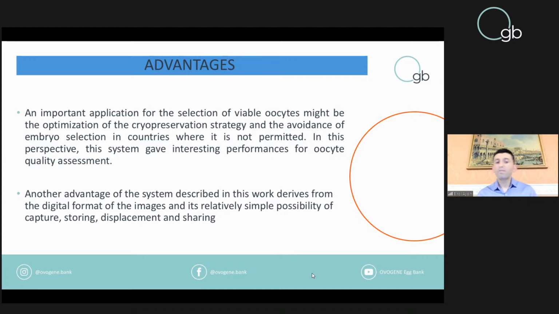Another advantage is that the system provides different digital formats and images, which you will receive along with your oocytes. You will be sure about the quality, about how we froze, and about how the oocytes are placed in a straw.